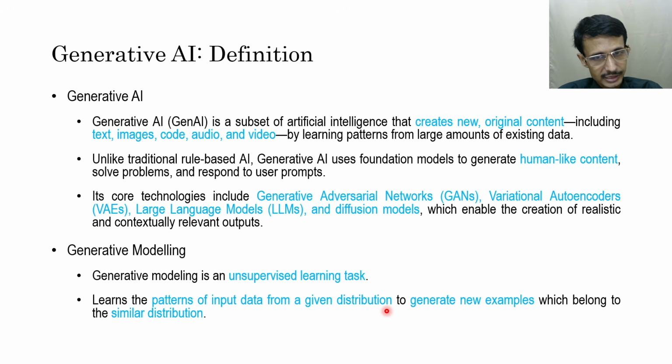So the distribution is given, and these models try to understand or model the pattern of this input data. The distribution may not be known; it is given by a set of samples, like a set of images or a text corpus.